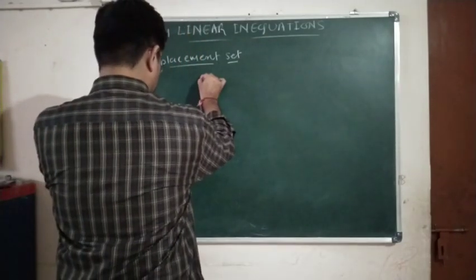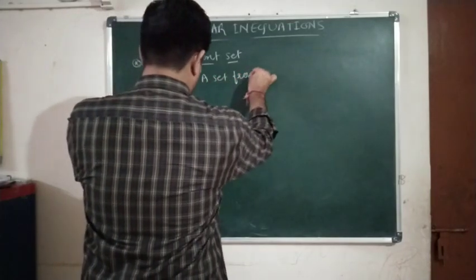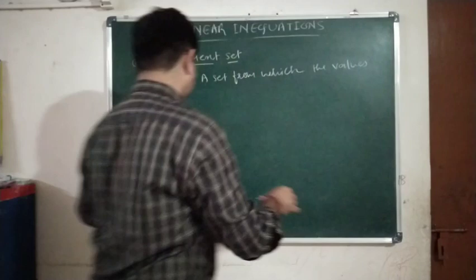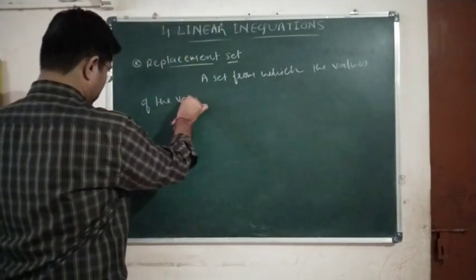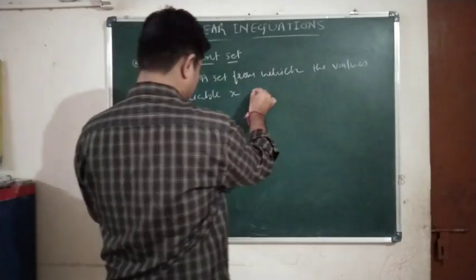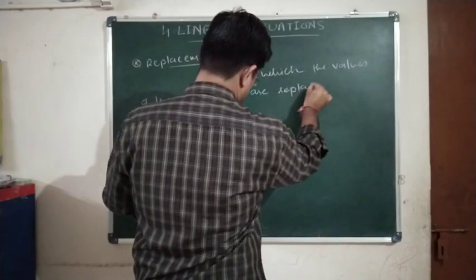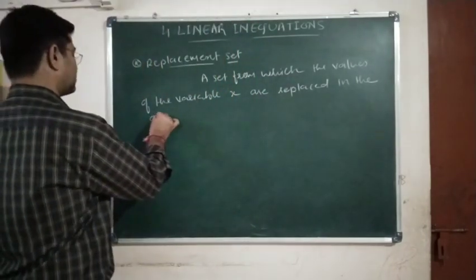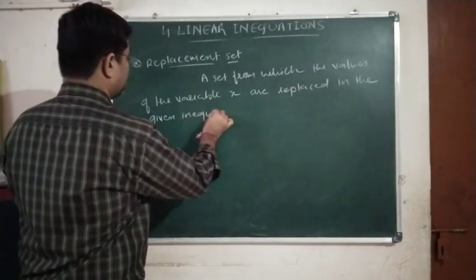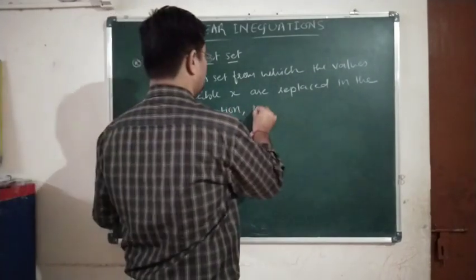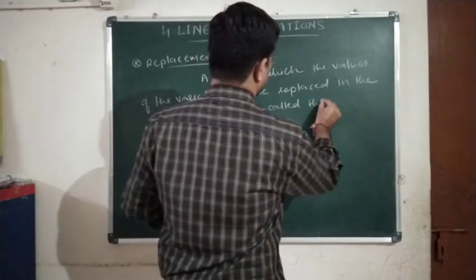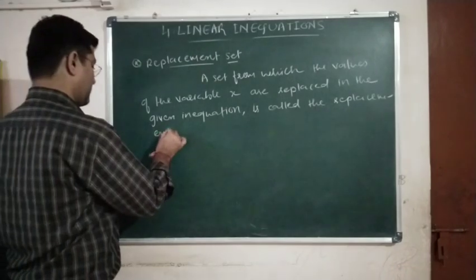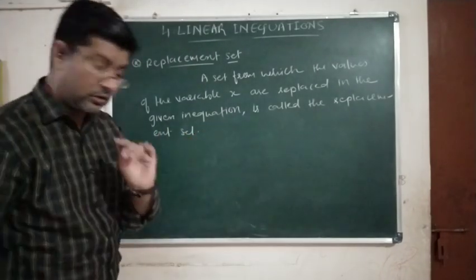A set from which the values of the variable x are replaced in the given inequation is called the replacement set. It is also called the domain.